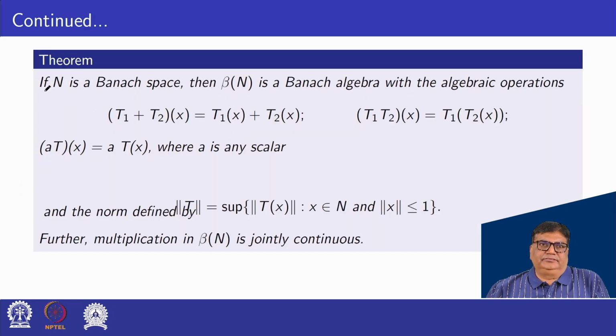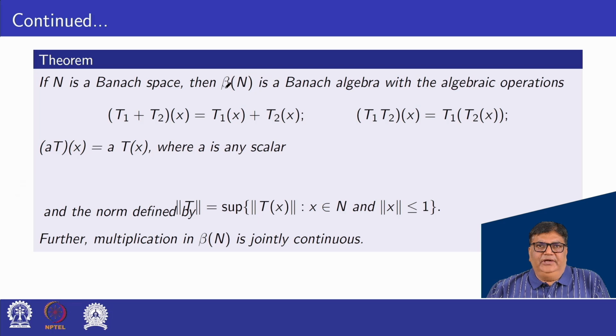Theorem. If N is a Banach space, then B(N) is a Banach algebra with the algebraic operations (T1 plus T2)x equals T1x plus T2x, and (T1T2)x is equal to T1(T2x), and (aT)x equals a into Tx, where a is any scalar.